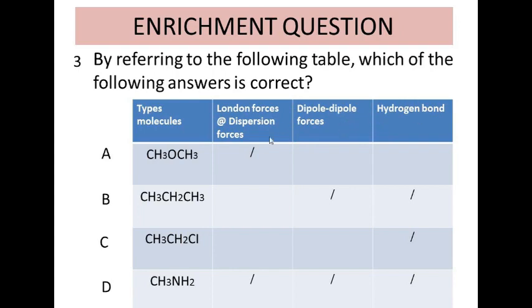Student, you have to identify the type of intermolecular forces that exist in these molecules. So the answer is D. CH3 and H2 have London forces, dipole-dipole forces, and hydrogen bond.